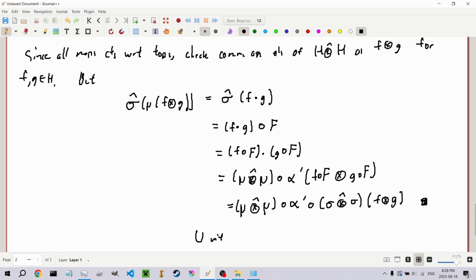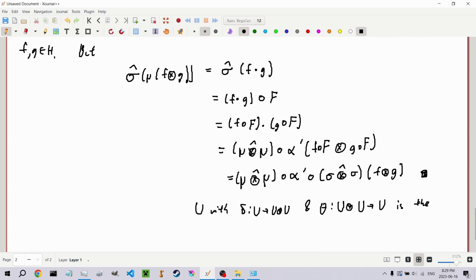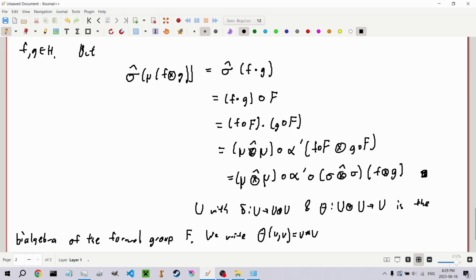Now U with our diagonal map, delta from U to U tensor U, and theta from U tensor U to U, this multiplication, is called the bigebra associated to the formal group F. We write theta of u tensor v as u star v.